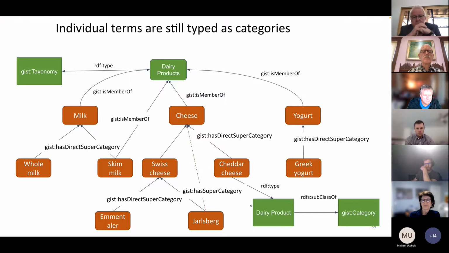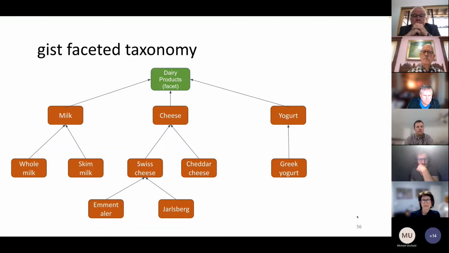And as we were just discussing, individual terms are still typed as categories of some sort, of one or more sorts, as Dahlia points out. We talk about faceted taxonomies in gist, which are really just hierarchical taxonomies designed for UI, supporting filters in UIs.